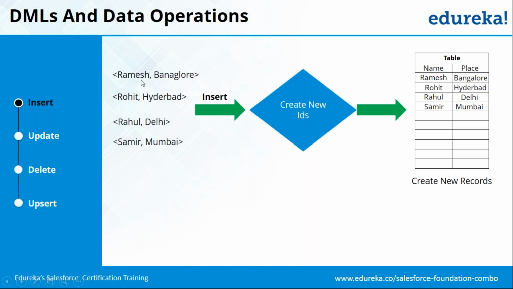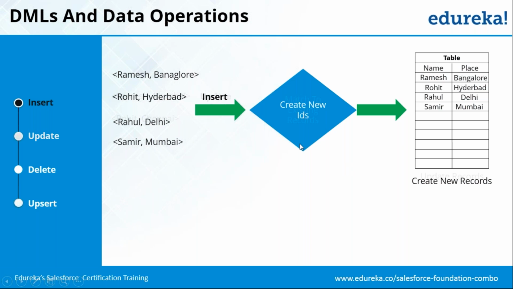With the insert command, whatever data you give, supposing I give Ramesh, Bangalore, then these will be entered into my database. So assuming that initially this database was null, it was empty, and then when I give the insert command with these values, then they will be entered into the database. So as you can see, Ramesh Bangalore, Rohit Hyderabad, Rahul Delhi, Samir Mumbai. These are the details that are added to the new database.